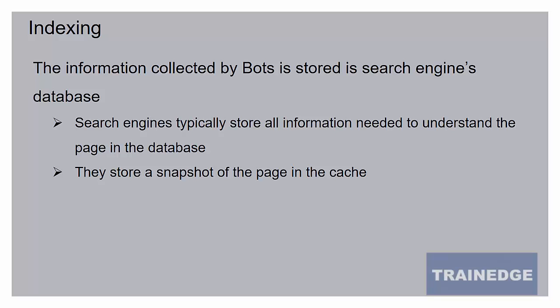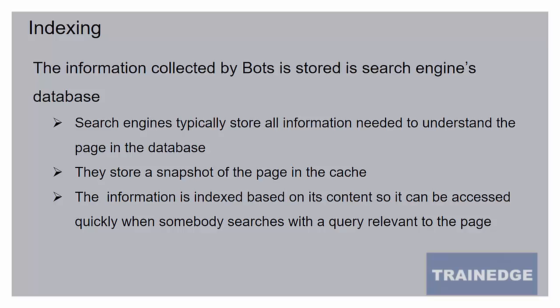So when a new page is added to its database, Google is able to figure out which other pages are pointing to this new page, the backlinks that are pointing to this new page. And once the content is indexed, it becomes searchable. So Google's search algorithm or relevancy software can quickly find the page when somebody is searching with a query that is relevant to the page.